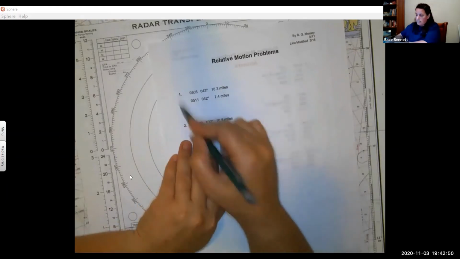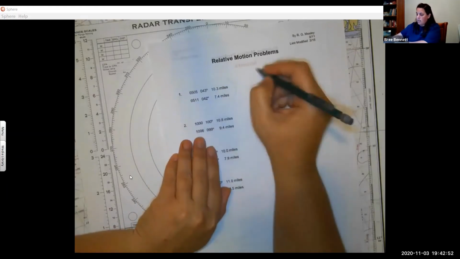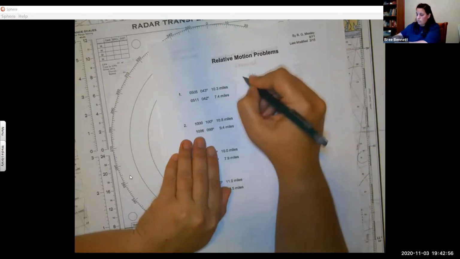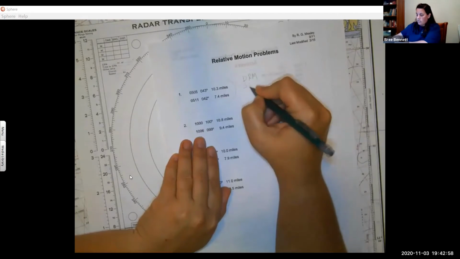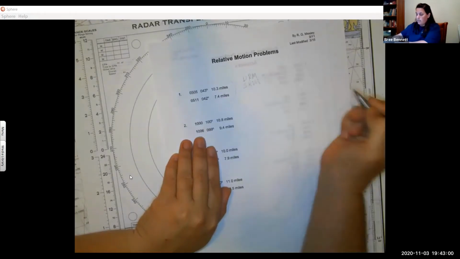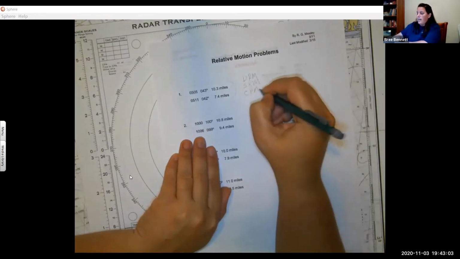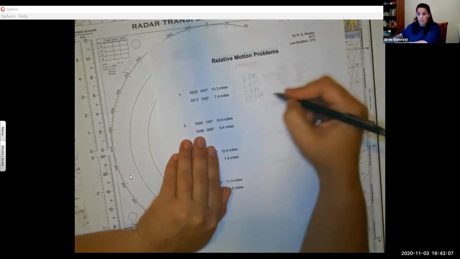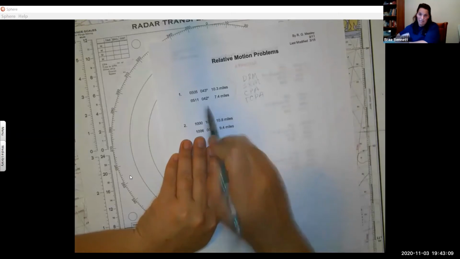So we want to plot the relative motion line, to get our direction of relative motion, our speed of relative motion, our CPA, and our time of CPA. We can get all of that from just that information.